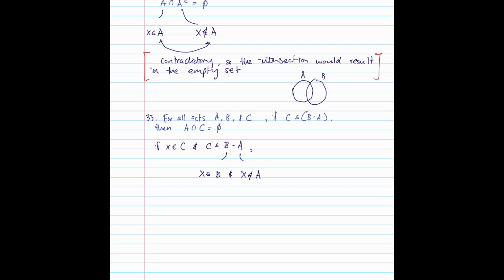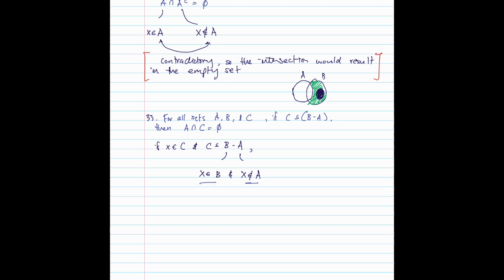So let me do this another color. This would be B minus A. And then now we're saying C is a subset of that. So it could be just this little part. And it follows the same rules, that it's an element of B, but it's not an element of A, right?